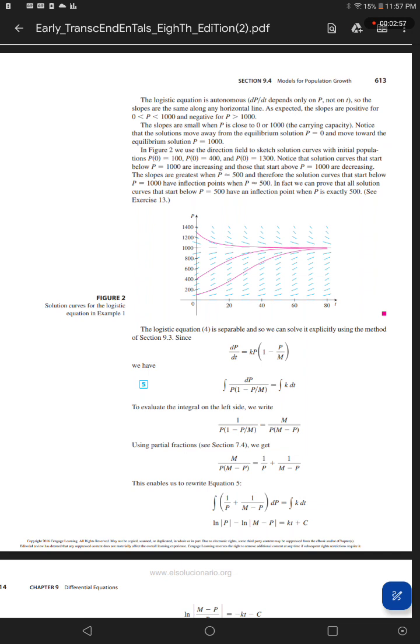The logistic equation, Equation 4, is separable, and so we can solve it explicitly by using the method of Section 9.3.